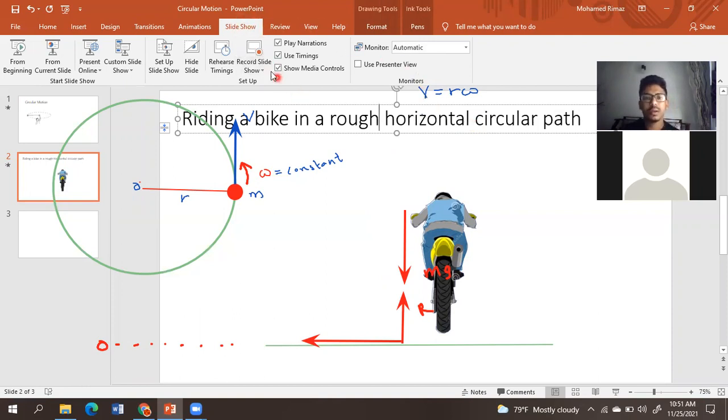Okay. So now it is clear to us that the bike cannot go in a circular path if the floor is smooth. Okay, good.